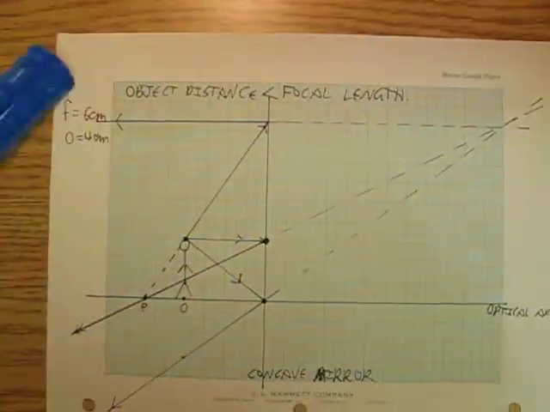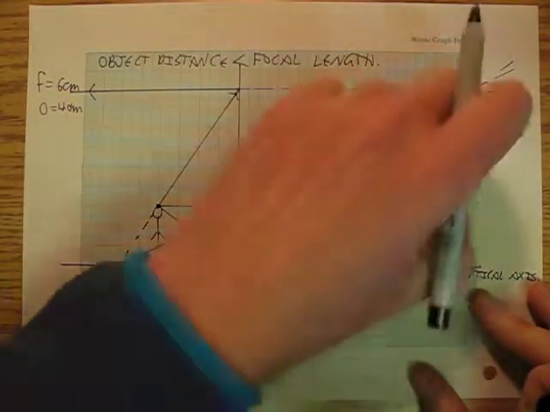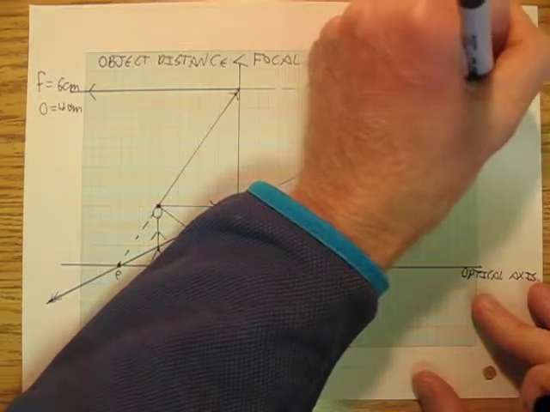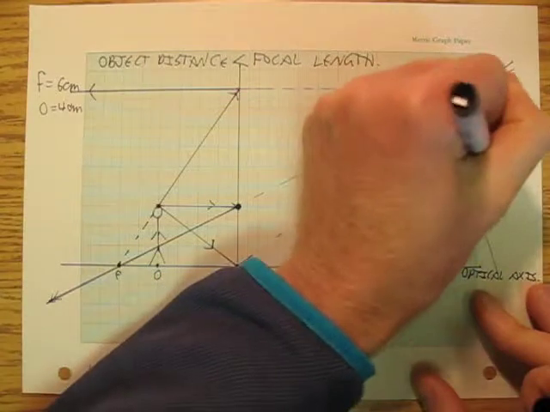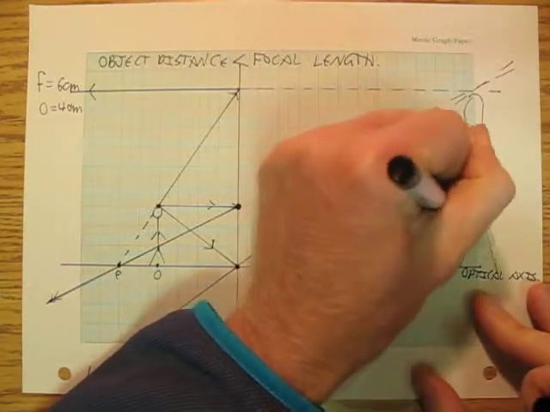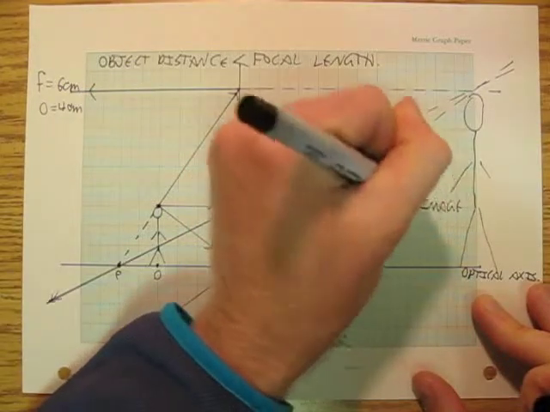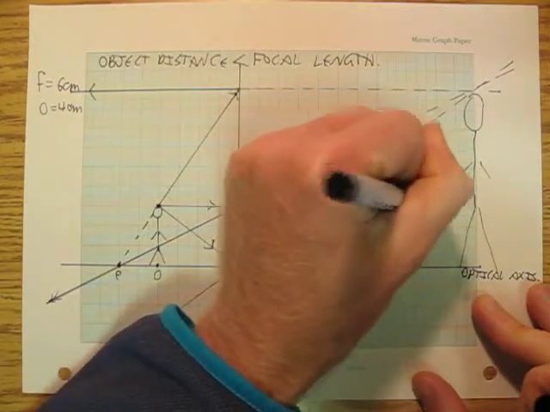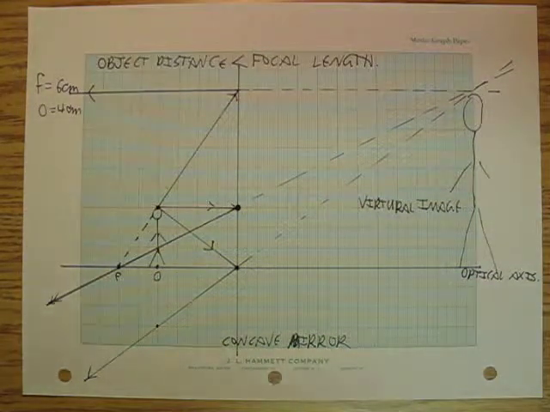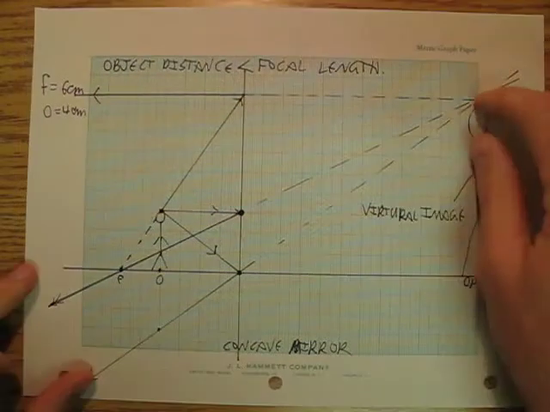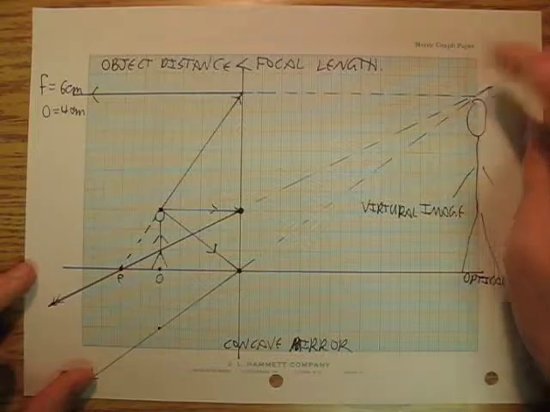And what I say is these three rays of light look as if they could have come from this image back here. And so this is my virtual image. It's not a real image because the rays of light do not actually really meet for real. They kind of meet, it's kind of as if they could have met back here.